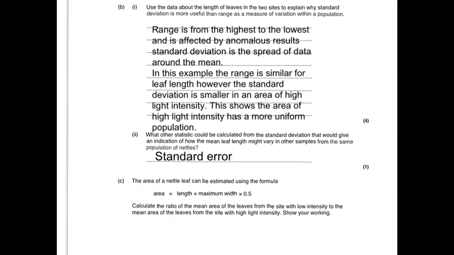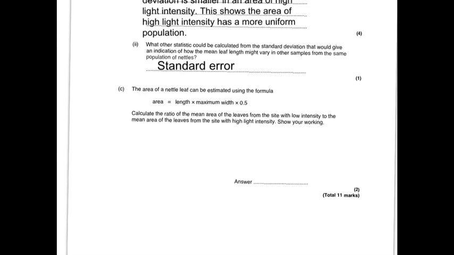So to answer this question, you need to go back to the table. You need to work out the mean area in the low intensity and the mean area in the high intensity, and then work out the ratio between them. Of course, as always, make sure that you show your working out.